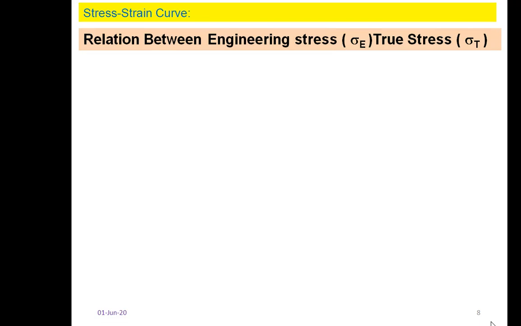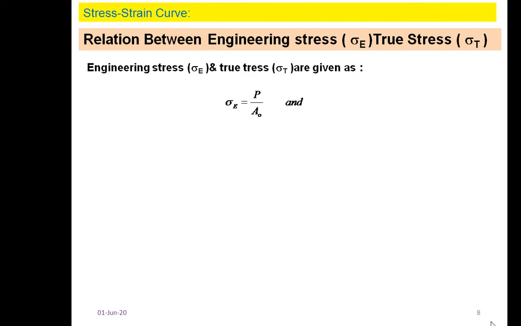Then the relationship between engineering stress sigma e and true stress sigma t. Engineering stress is given as applied load divided by original cross-sectional area, and true stress is given as load at any instant divided by cross-sectional area at that instant.